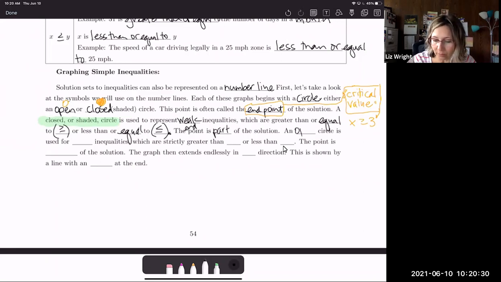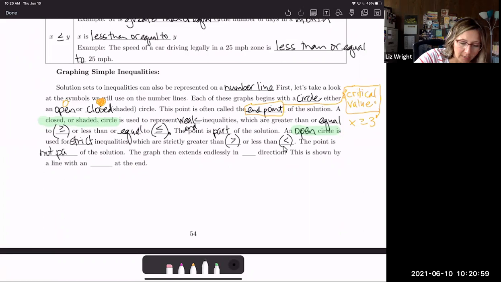An open circle, so this part you might want to highlight too. The open circle is used for strict inequalities. So there's weak versus strict, which are strictly greater than, and we're going to fill in what that symbol looks like, or less than. The point is not part of the solution.